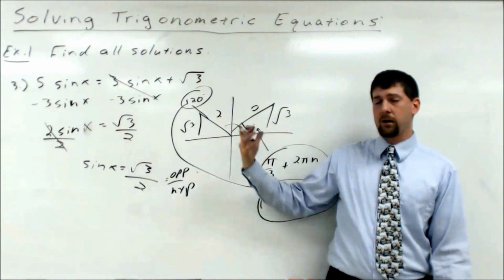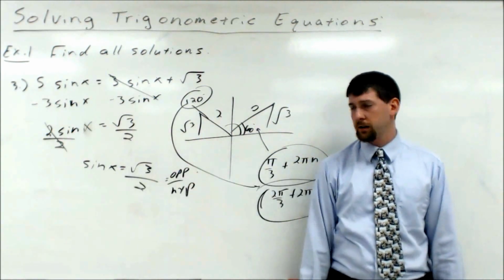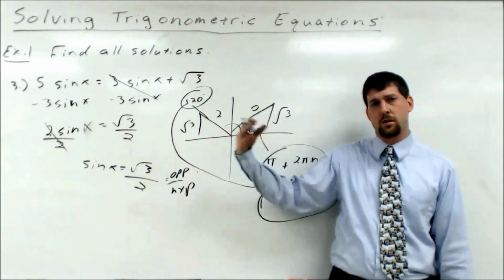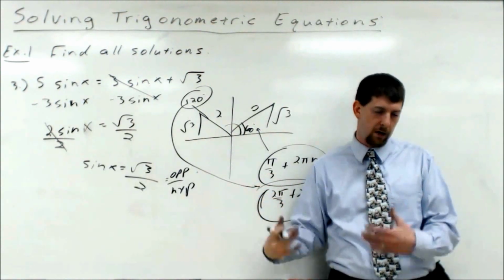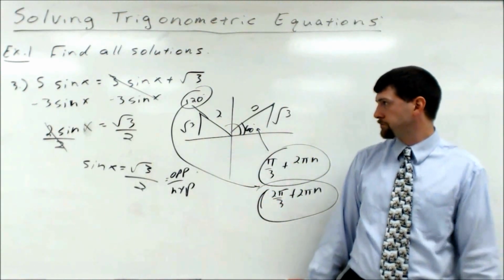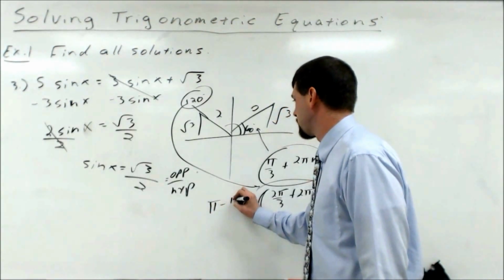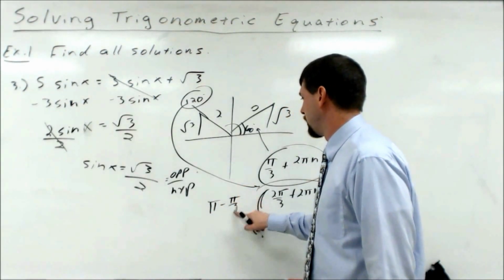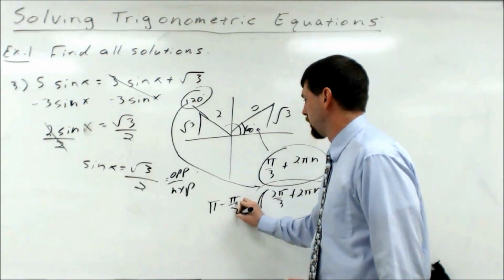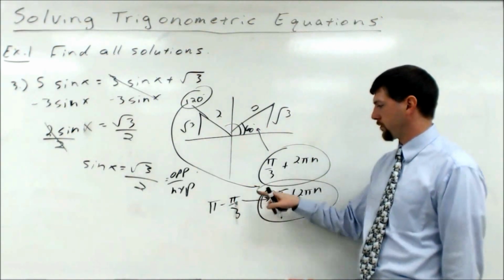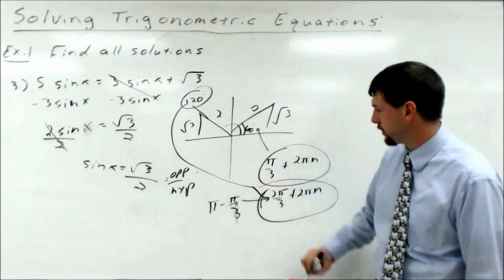So we can go through, use triangle, use calculator, it doesn't matter to me. Calculator is just going to give you the 60, so you'll have to remember to do the 180 degrees minus that to get your second one. But to get that, we just took the pi minus pi over 3. Pi minus pi over 3, and that's where we got the 120 degrees from.